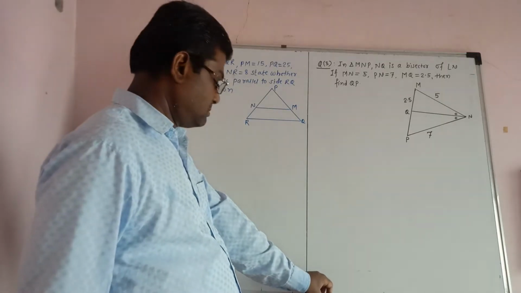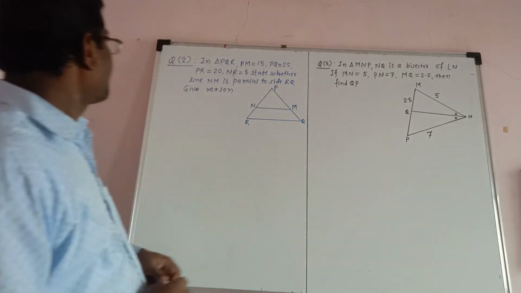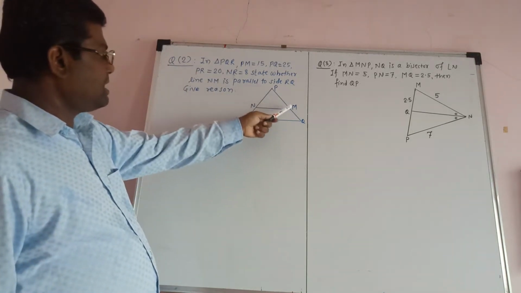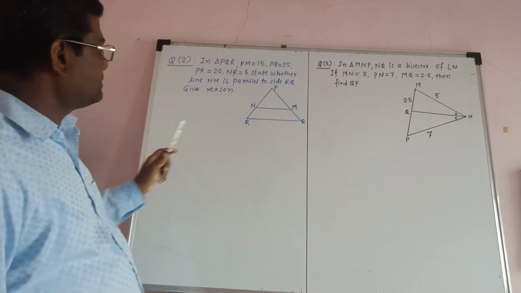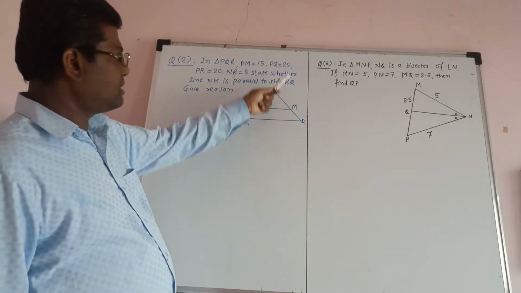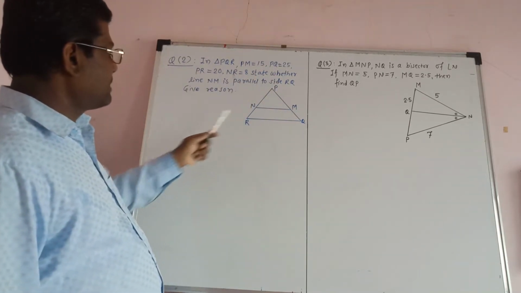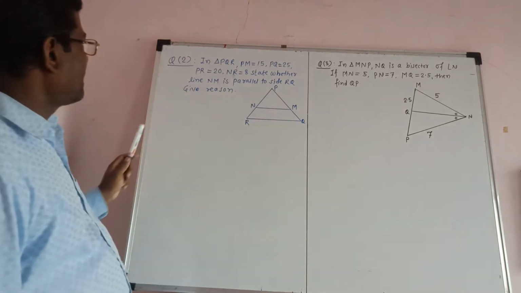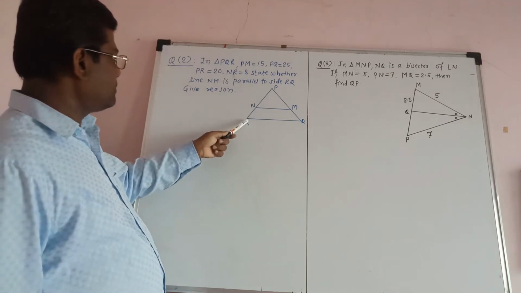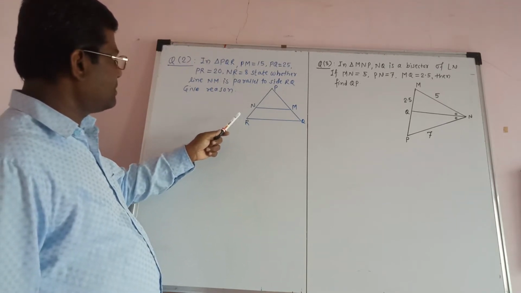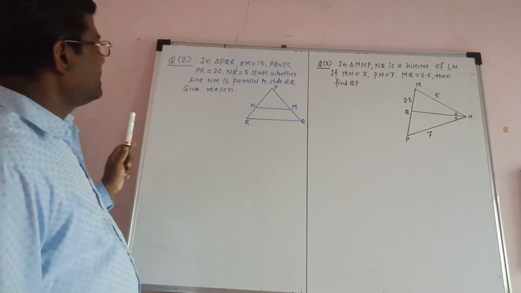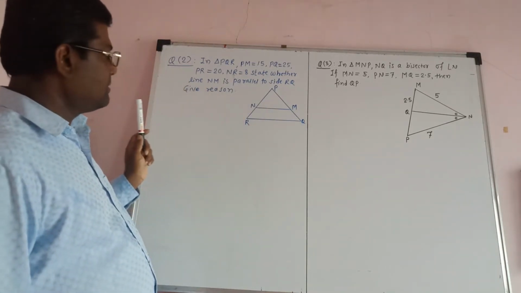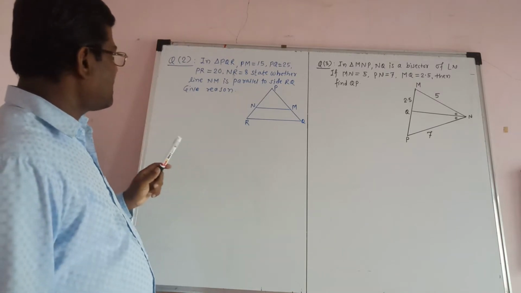Number 2. In triangle PQR, PM is equal to 15, PQ is equal to 25. Then we can find here MQ. PR is equal to 20, NR is equal to 8. We can find PN. State whether the line NM is parallel to side RQ.